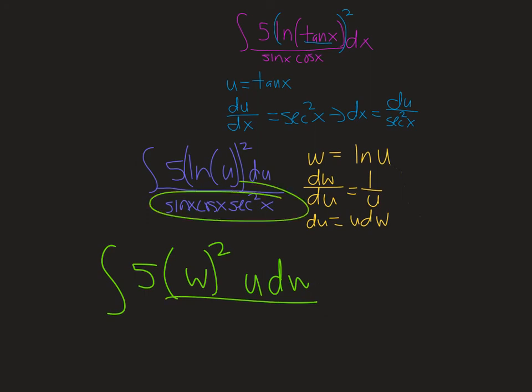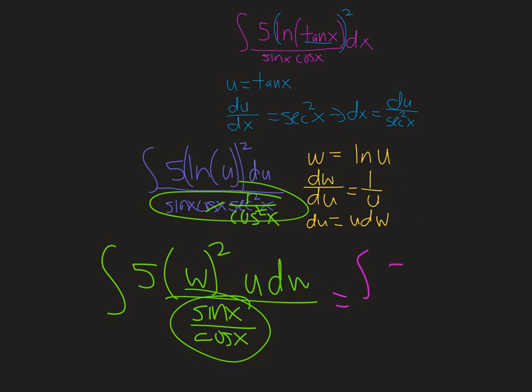Let's simplify this. So that's sine, cosine, and if I think of that as 1 over cosine squared, that means I'll have sine over cosine. Wait a minute. That's tangent. Oh, this got super spicy. Keep breathing. I'm going to do this another way. So sine over cosine is tangent.